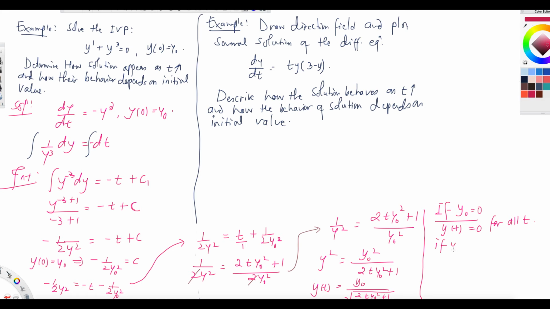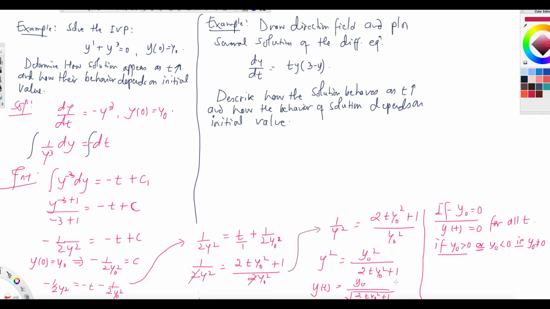If y0 is greater than 0, what happens? Then this solution exists only if the denominator is positive. This quantity is positive, right? Otherwise the solution will not exist. And this is true if y0 is greater than 0 or y0 is less than 0, which means y0 not equal to 0.